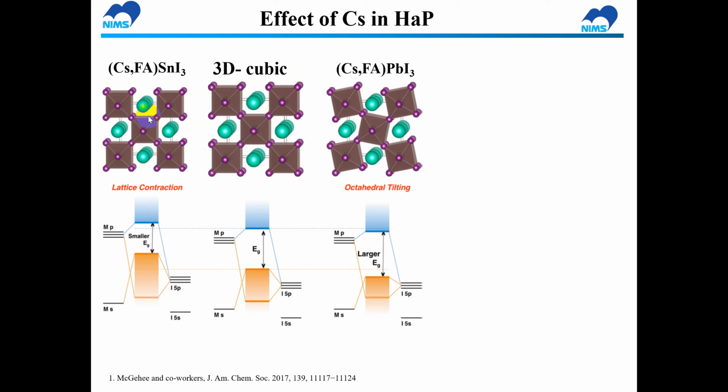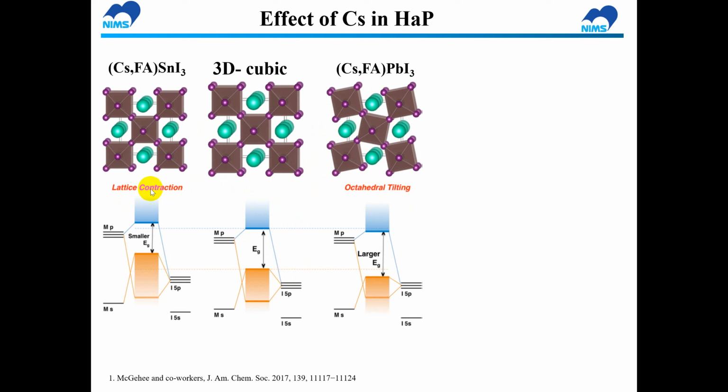In case of tin based perovskite, we can see lattice contraction, but in case of lead based perovskite, we can see octahedral tilting, and this lattice contraction and octahedral tilting have different effects.